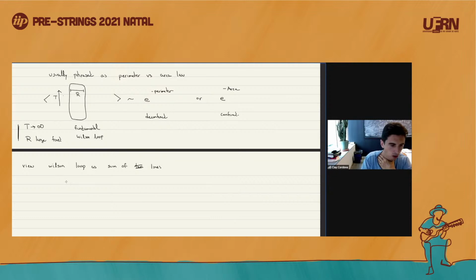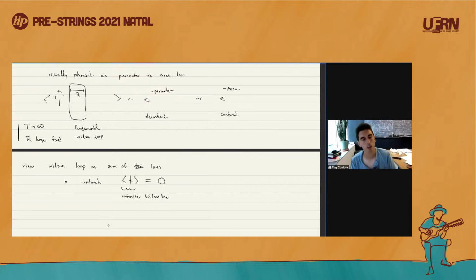So in the case of confined, what we would determine is that the expectation value of the infinite Wilson line would vanish.